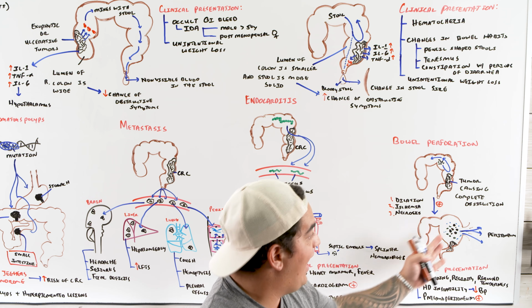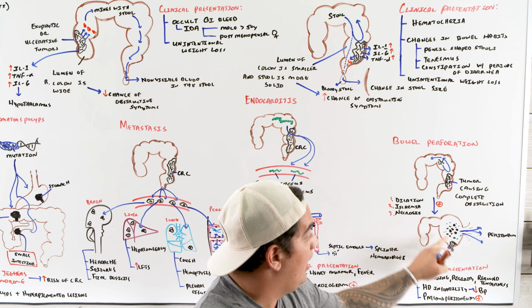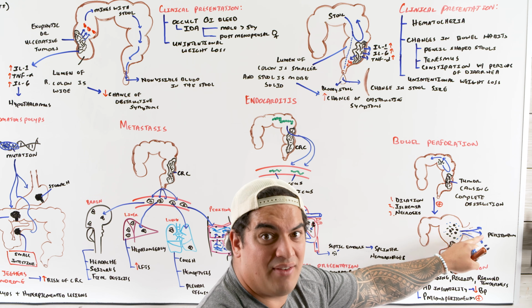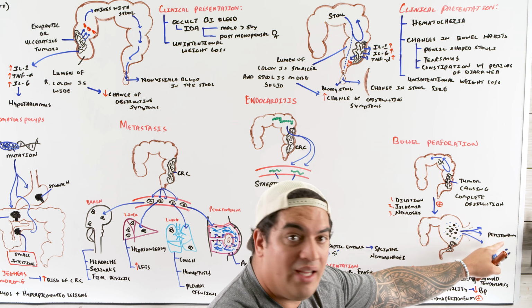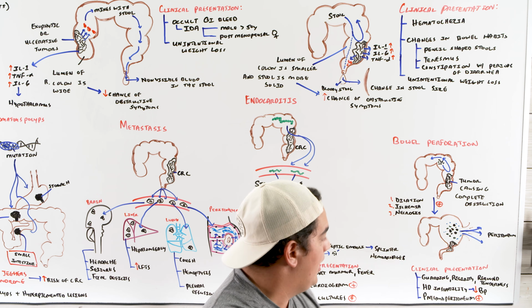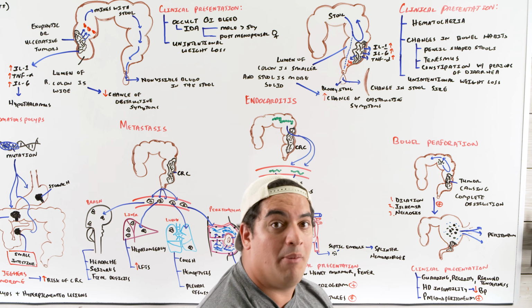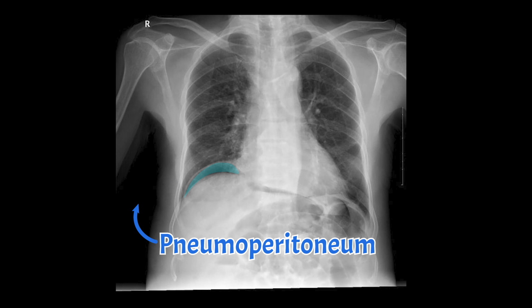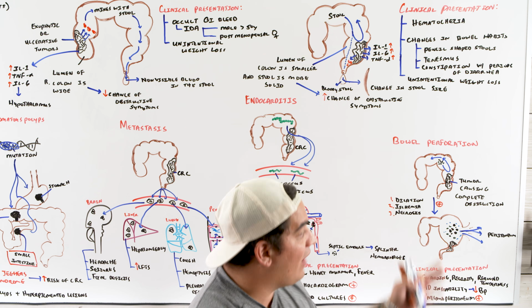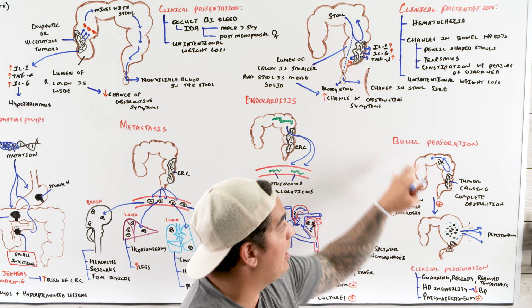That usually means that air has leaked into the peritoneum. And again, you can have feces getting in there, so you can get peritonitis and go septic. You can have stool leaking in there, and you can have air leaking in there. Sometimes an abdominal x-ray that shows a pneumoperitoneum actually looks a little bit like this. That could be potentially concerning for something like a bowel perforation. This would be an emergency.